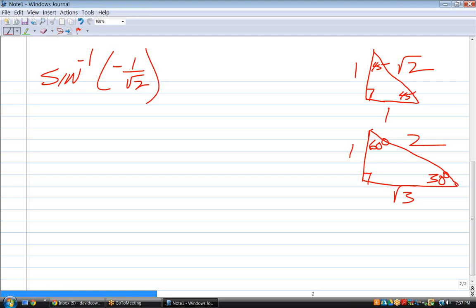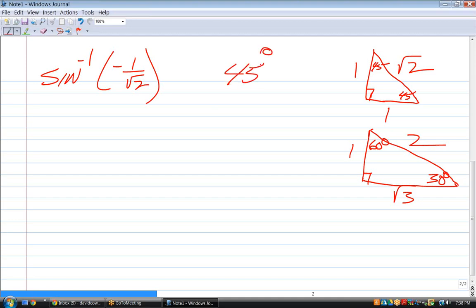In other words, if I said to you the sine of which angle is equal to 1 over root 2, and let's ignore the negative sign for the moment. Let's treat these like we treat all trig functions. Let's figure out the angle first, and then figure out which quadrant it's in. So 45 then? Yeah. 45 degrees is our first quadrant angle.